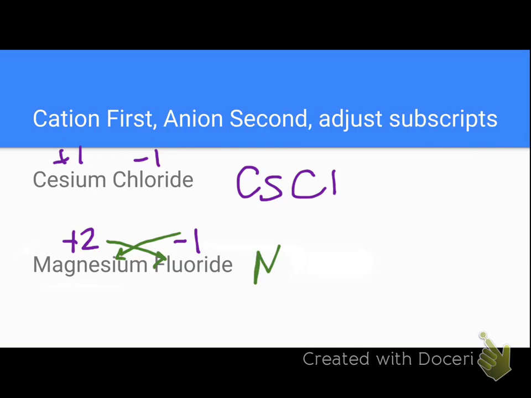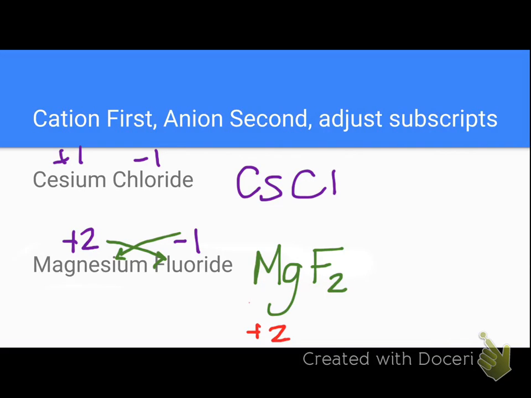I'm still going to write out my metal first. I crossed my 1 over, so I have 1 magnesium and 2 fluorides. I took my charges, crossed them, and made them the subscripts of the opposite one. The reason we do that: if I have 1 magnesium, that has a +2 charge, right?